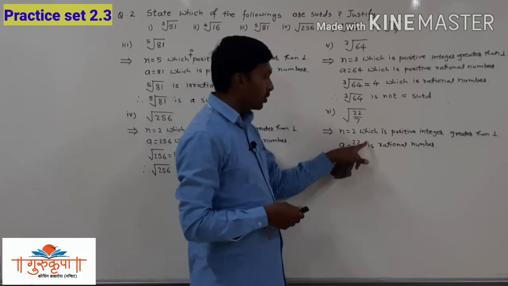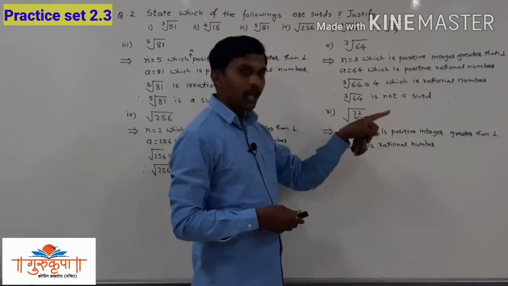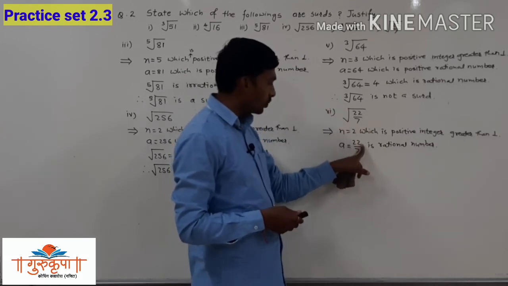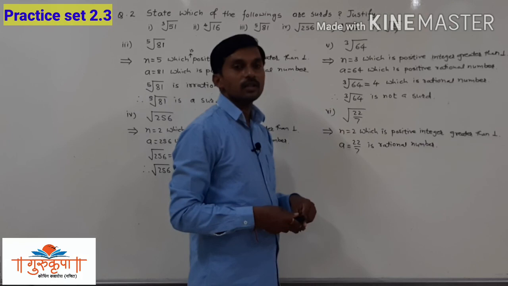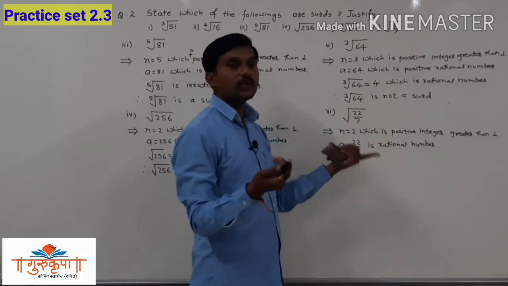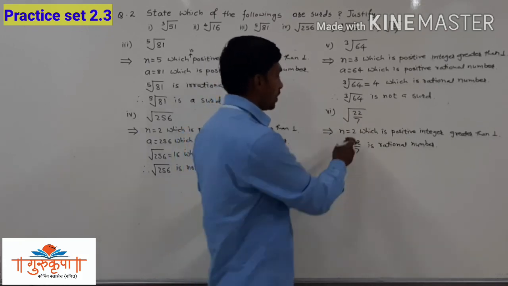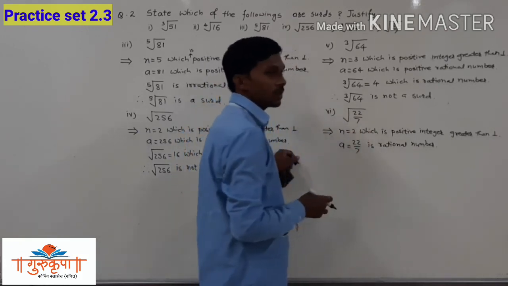So 22 upon 7 is not an irrational number. The decimal form of this number is non-terminating but recurring, and if recurring is there, then it is a rational number. So here 22 upon 7 is a rational number.